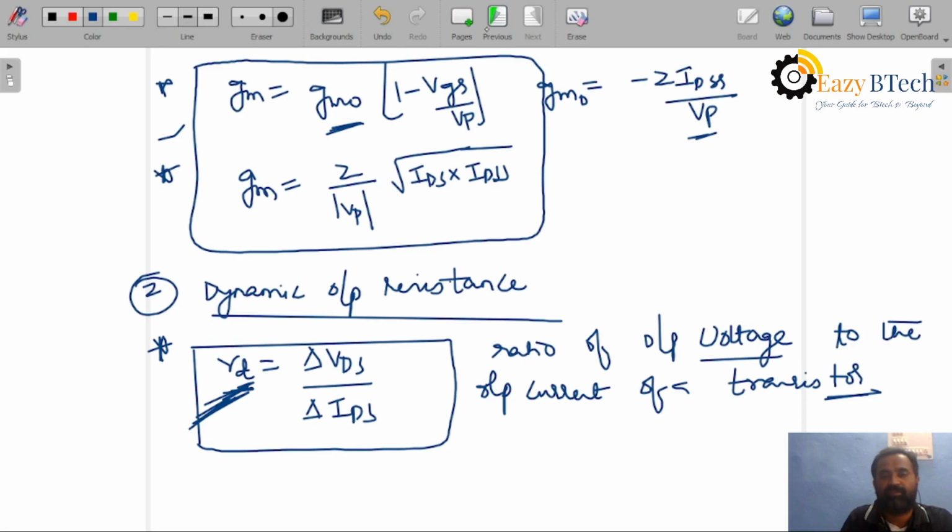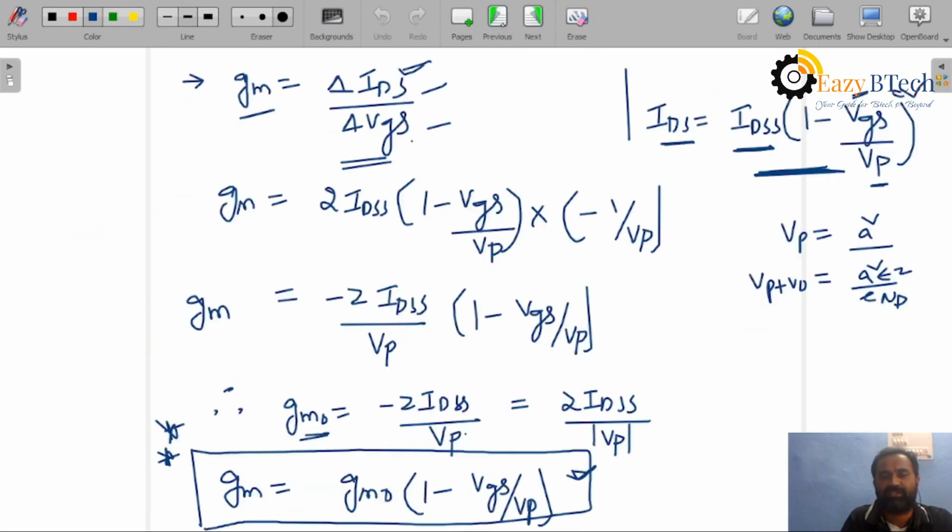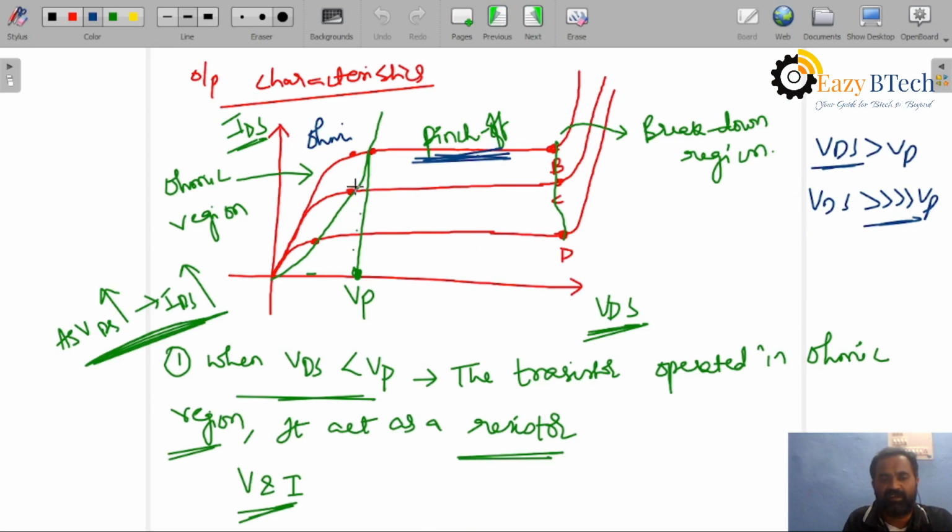Now from this graph you may find the output resistance. Take any one point. RD can be calculated as change in VDS by change in IDS. Take this point to this point, and from this point to this point. What is the voltage at this point, and what is the current?